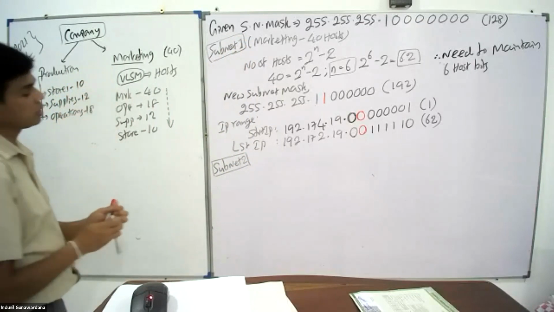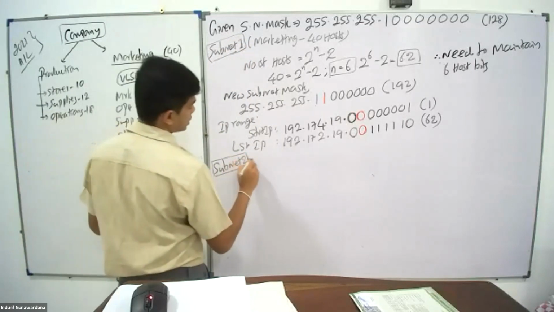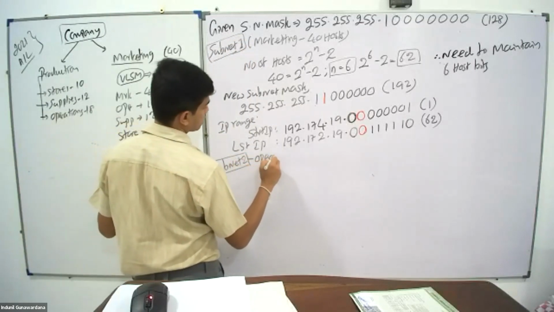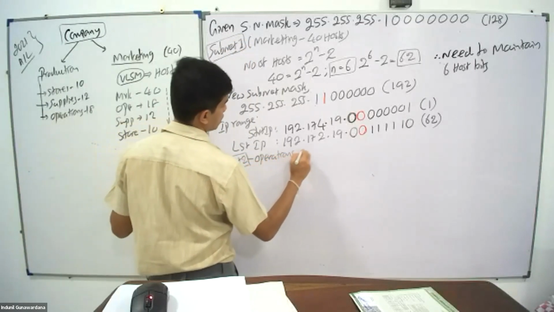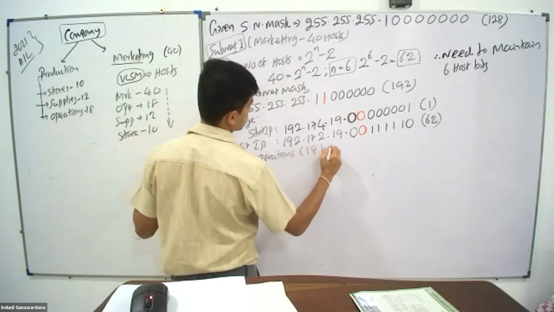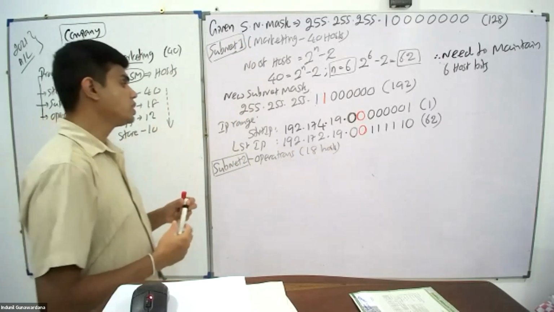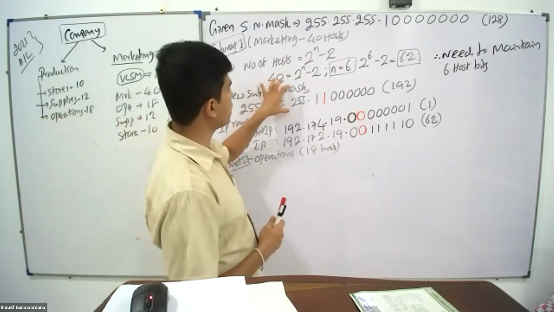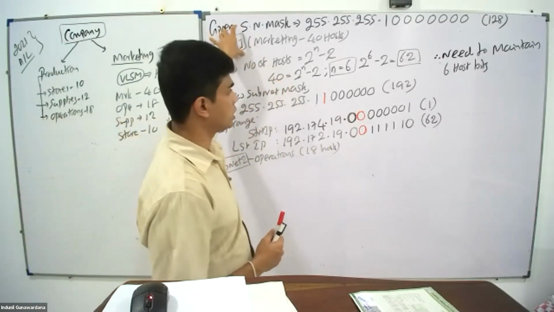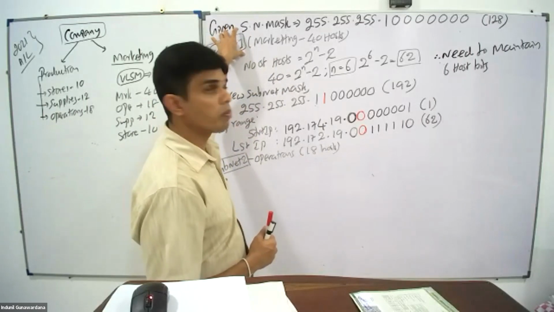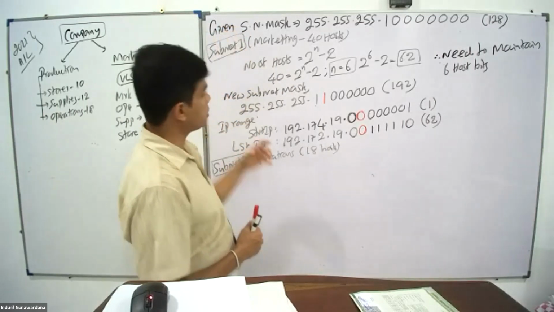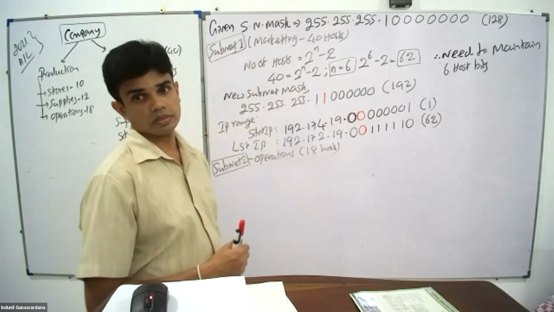That's 18. That's for the operations department, where we need 18 hosts. Now what I am considering here is that the subnet mask created earlier is going to be subnetted further to accommodate 18 hosts.